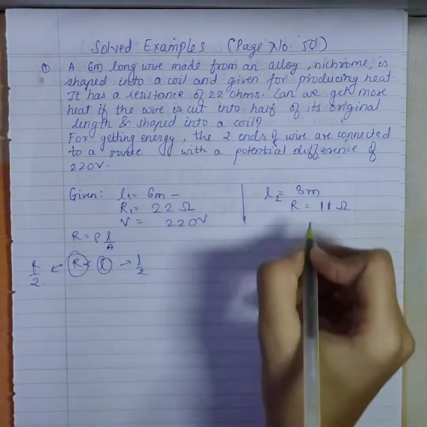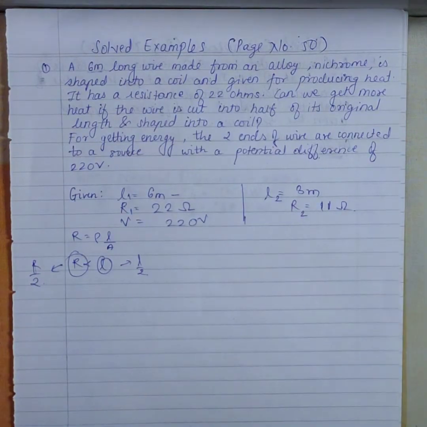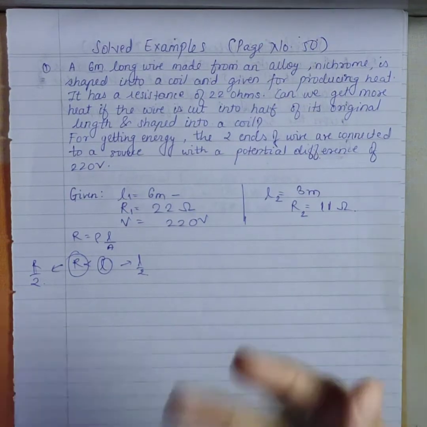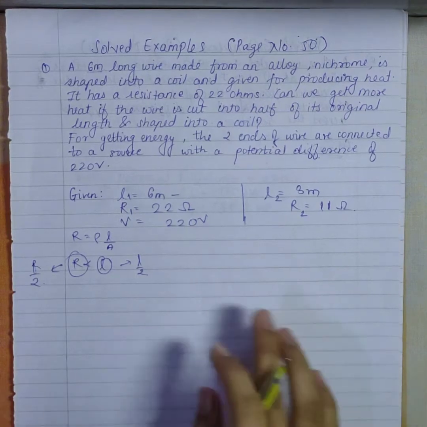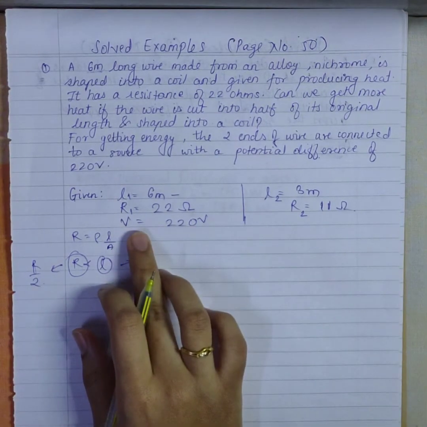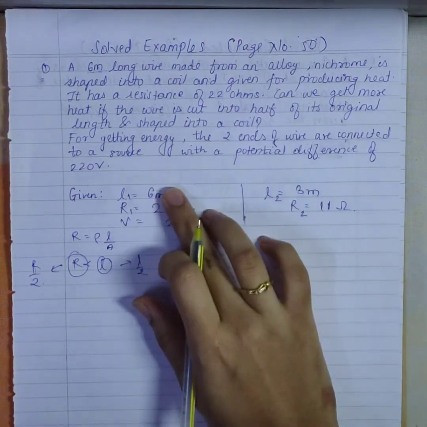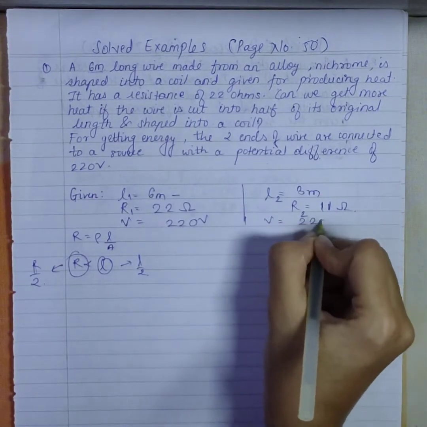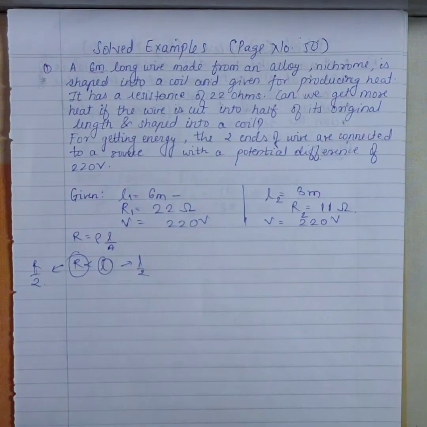So this is my R1, this is my R2. Now you know that whether I cut my wire into half or 1/4 or any length, my voltage won't change because that is the source with a potential difference of V. So V remains the same, that is 220 volts.